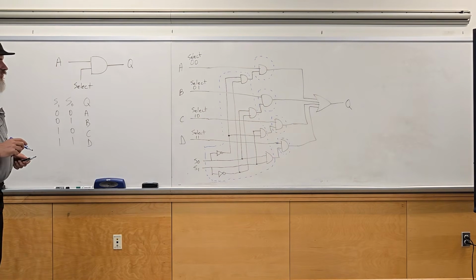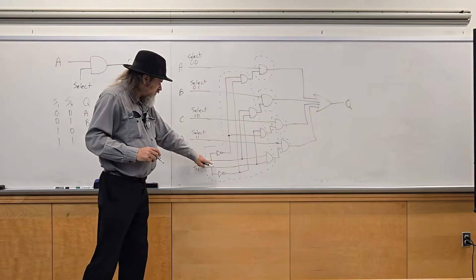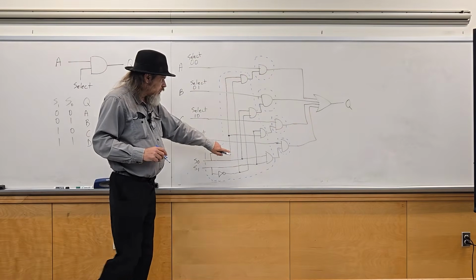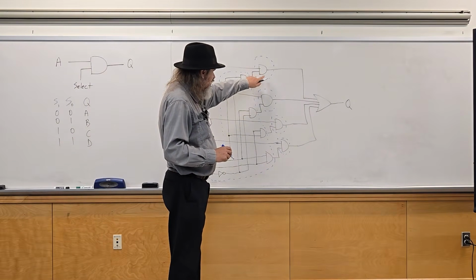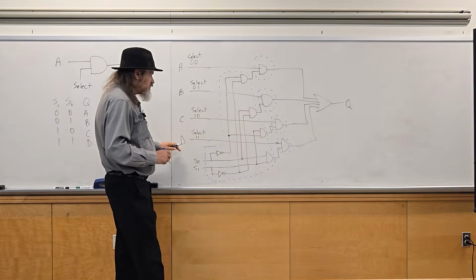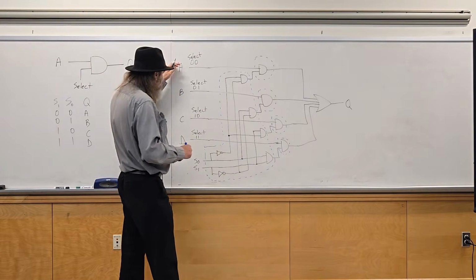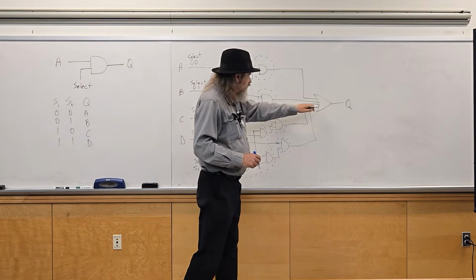So this could be drawn theoretically with a decoder here, with the outputs ANDed with the data selectors for each data input that is to be selected, and then OR that all together.